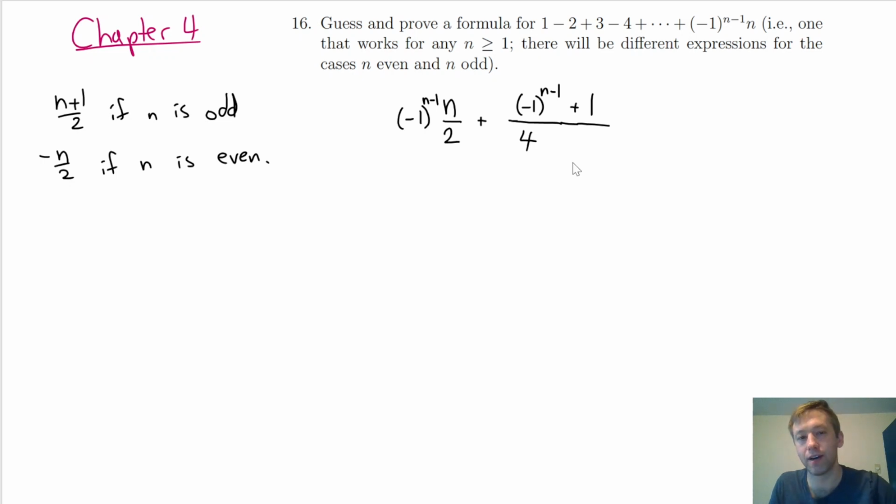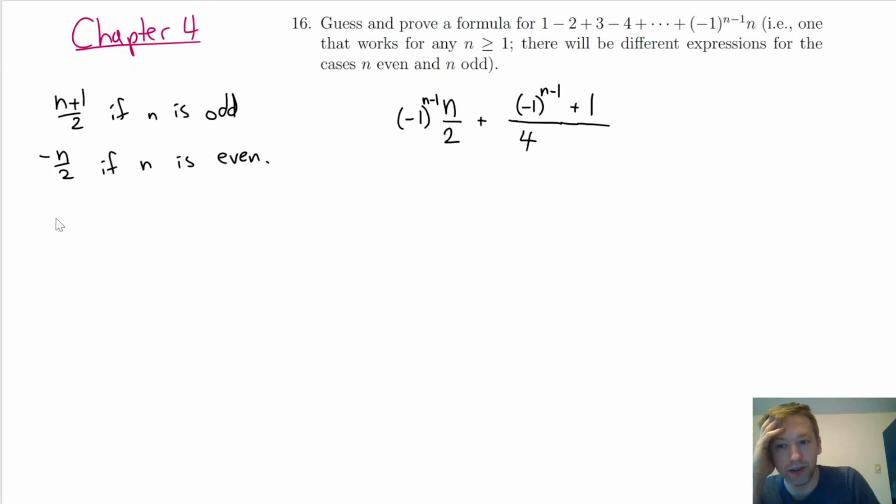So if I've kind of got this negative 1 to the power n minus 1, if n is odd, the exponent will be even, so it's 1 plus 1 over 4, which gives you 1/2. If n is even, then n minus 1 is odd, and then these 1's cancel, and you get 0 for this, right? Yeah, I don't have a really great way of coming up with that. The nice thing about negative 1's, right, is if I take exponents of negative 1's, it keeps switching back and forth from 1 to negative 1, 1 to negative 1. Turns out that that's a useful thing here.